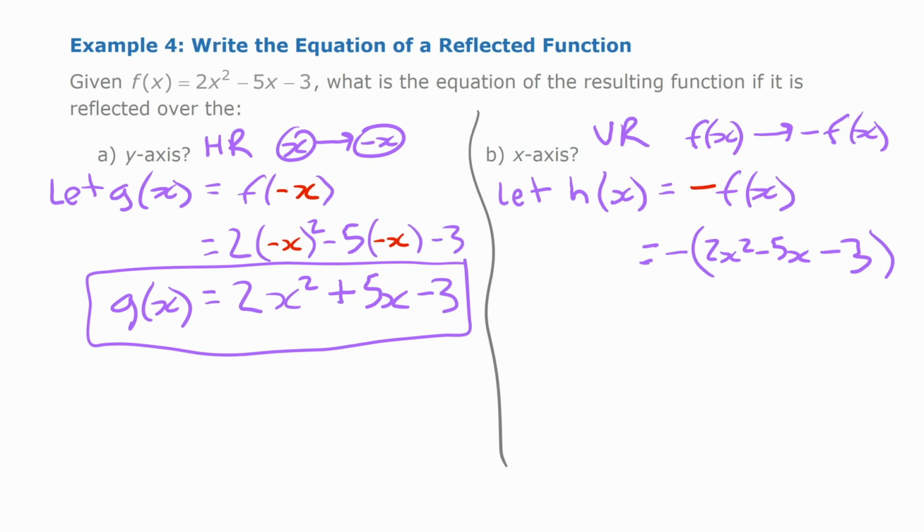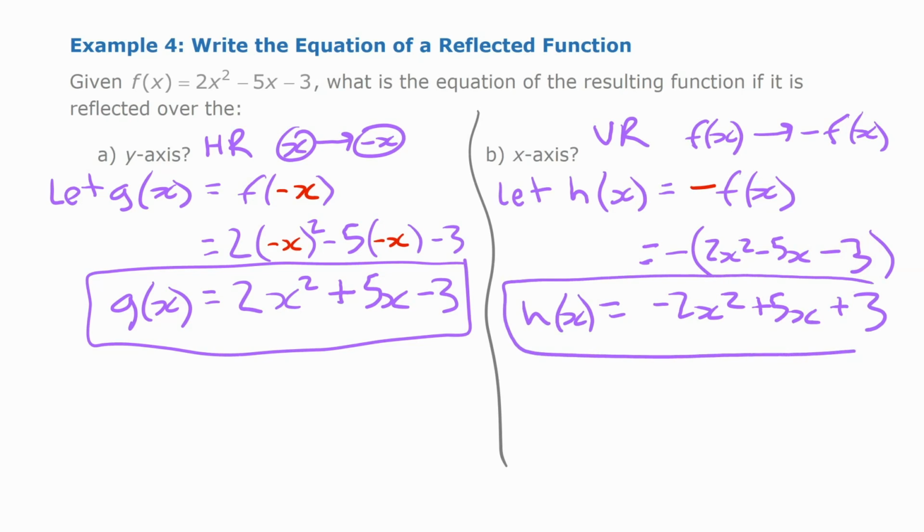So each of those terms is going to change sign. This thing right here was positive 2x squared, so it's going to become negative 2x squared when there's no brackets there. And this term was negative 5x, so if I distribute that negative, I get plus 5x here. And the last term is negative 3, so if I distribute the negative, I get plus 3. So that's my equation for h of x there, right?